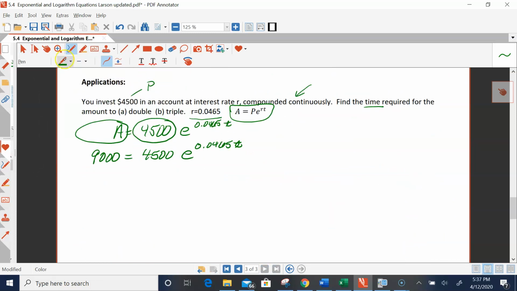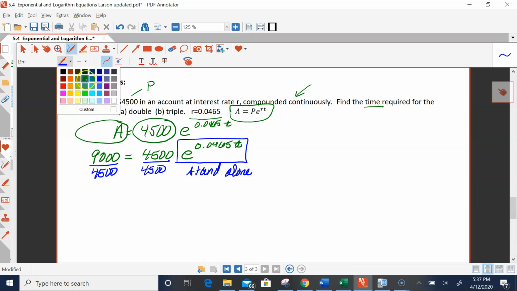I need to get this exponent term by itself, standing alone, so I can take the log of both sides. To do that, we're going to divide both sides by 4,500.